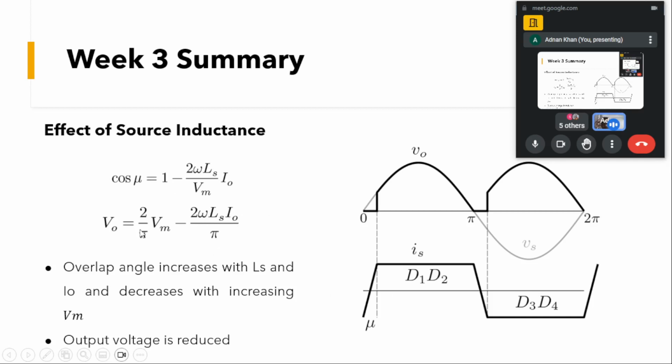Had there been no Ls, V output would be 2Vm by pi, which is the equation for the full wave rectifier. But due to this commutation, this second term comes into picture, and the average output voltage will decrease. It has a direct dependence on Ls, and the higher the Ls or load current, the lower will be our output voltage.